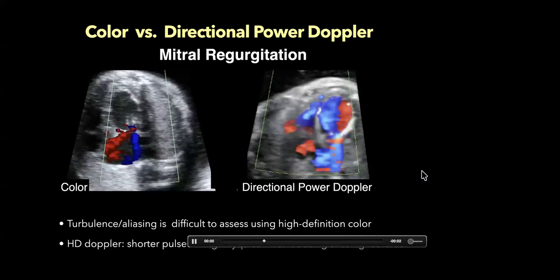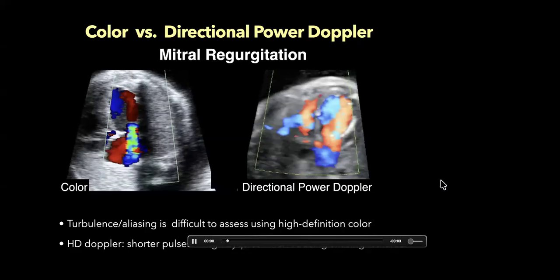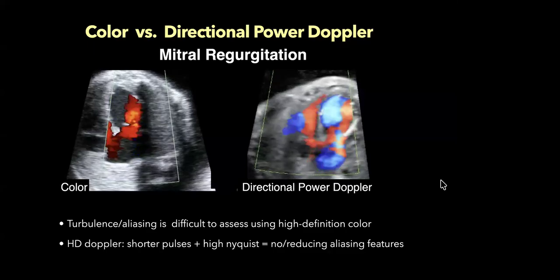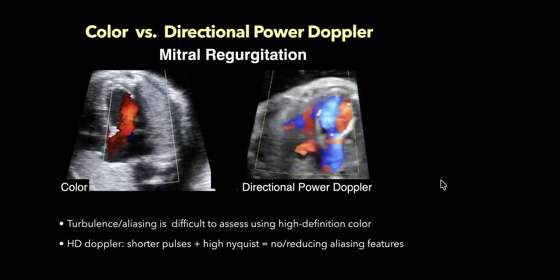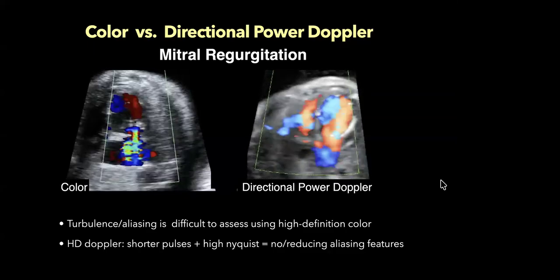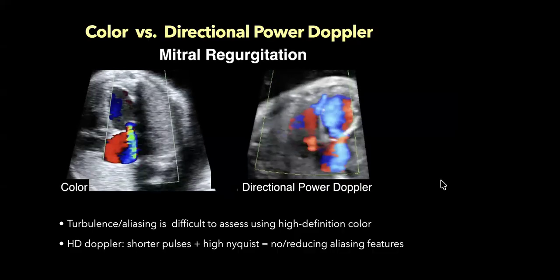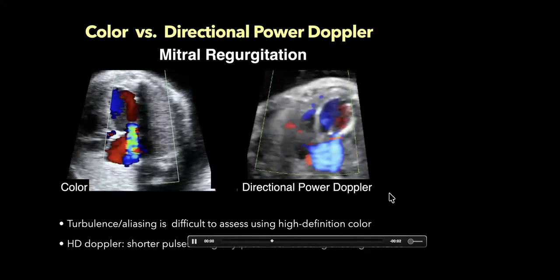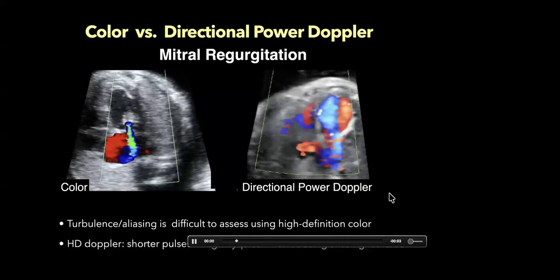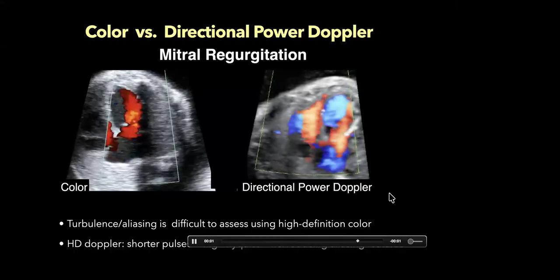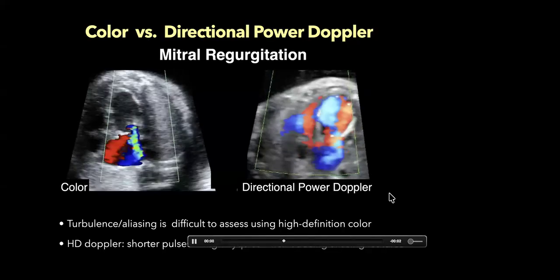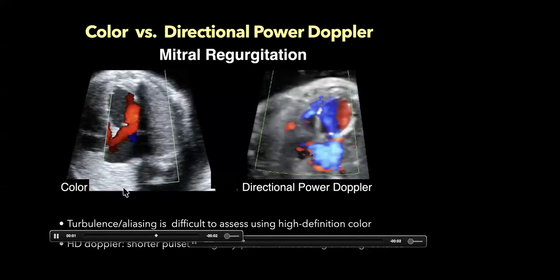The reason for this is that high definition Doppler has shorter pulses compared to conventional color Doppler, and shorter pulses allow for a higher PRF, therefore raising the Nyquist limit and therefore improving the aliasing artifact. So you have to really be mindful when you're looking at your heart valves, when you're assessing the heart, to really try to start with your conventional color Doppler.